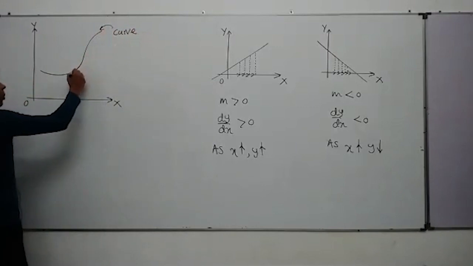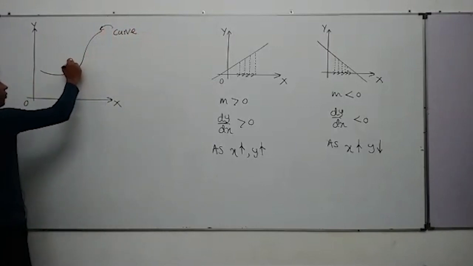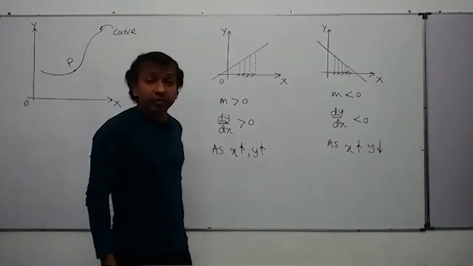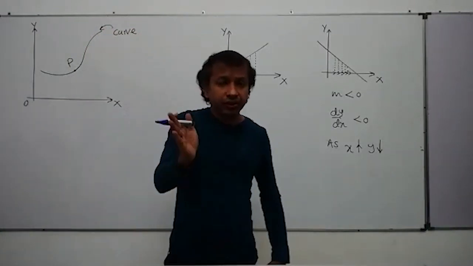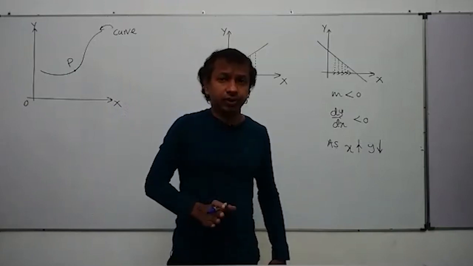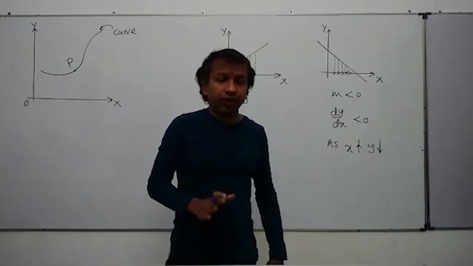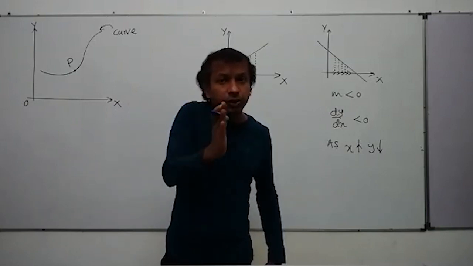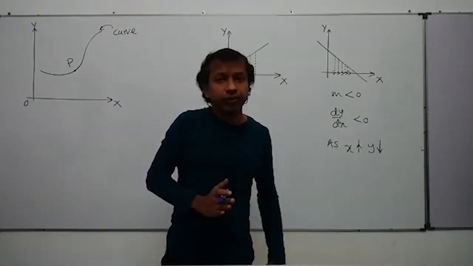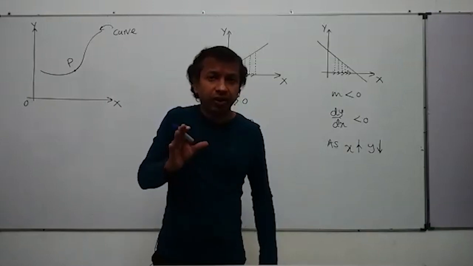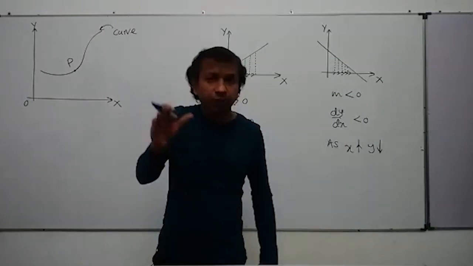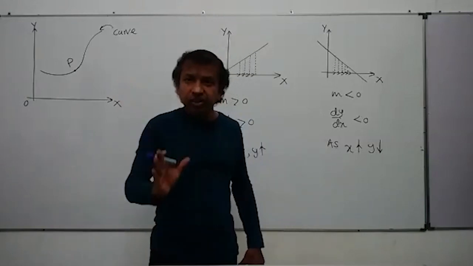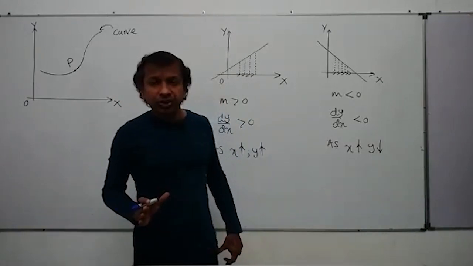Suppose we have a point P on this curve. At the point P of the curve, if we need the gradient, people, first thing we have to construct a tangent to this curve at the point P. That means we have to draw a line that touches the curve at the point P. You know, in physics practicals, after drawing the curves, we have to construct tangents to measure the gradient.